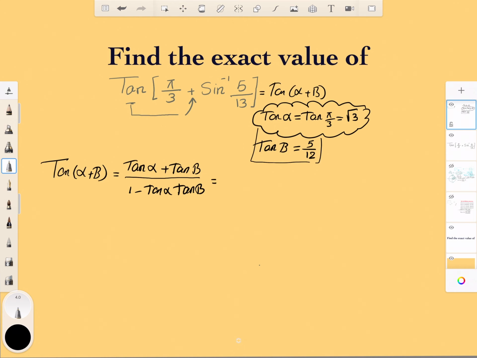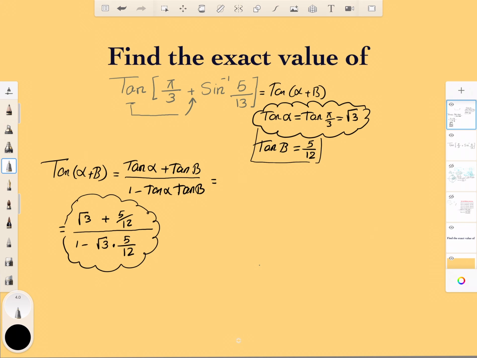This equals radical 3 plus 5 over 12, over 1 minus radical 3 times 5 over 12. So definitely we cannot just leave it like this. I know we solve it, but algebraically this is not correct.